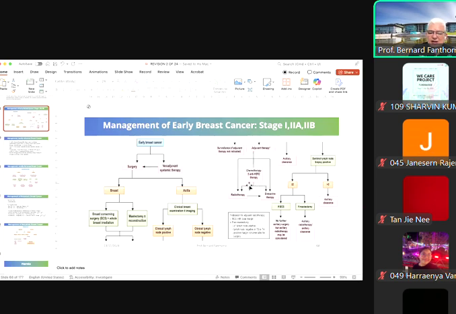So patient will get adjuvant chemotherapy. Now we've also done the molecular study on the breast cancer, and in case it is HER2 positive, then patient will get Herceptin. Or if it is triple negative, then there is no need for hormonal therapy. But if it is hormone positive, then we add adjuvant endocrine therapy.